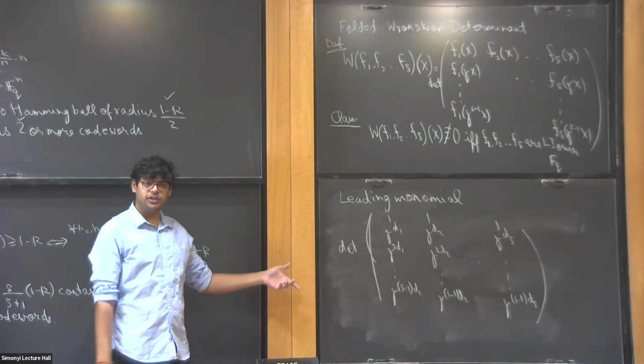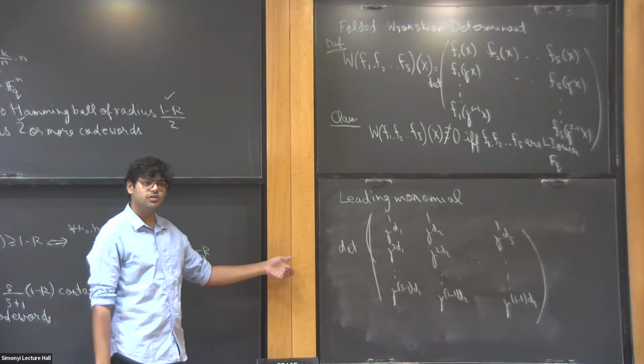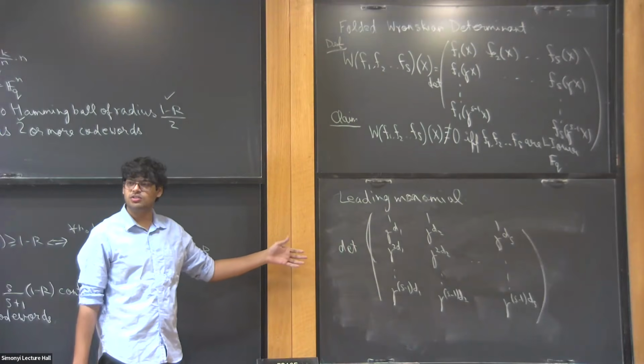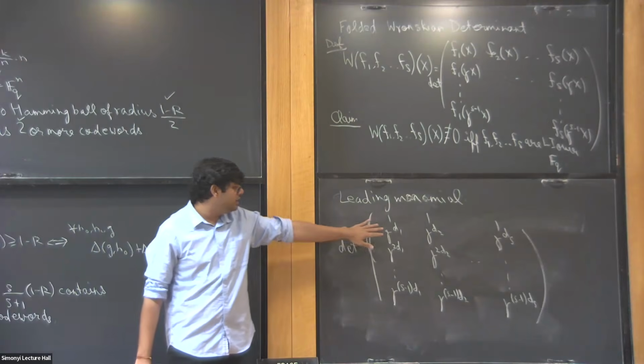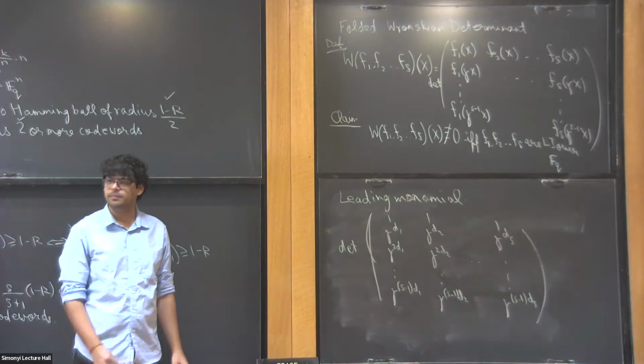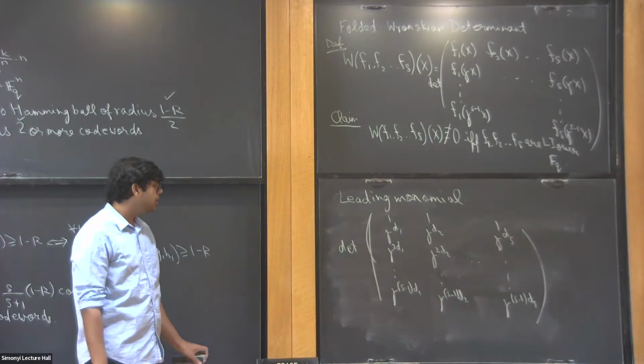And this is a Vandermonde determinant. It's non-zero if these entries are all distinct. Because we chose gamma to be a primitive element and D1 through DS are distinct, we get that these points are also distinct. How did we get to this determinant?